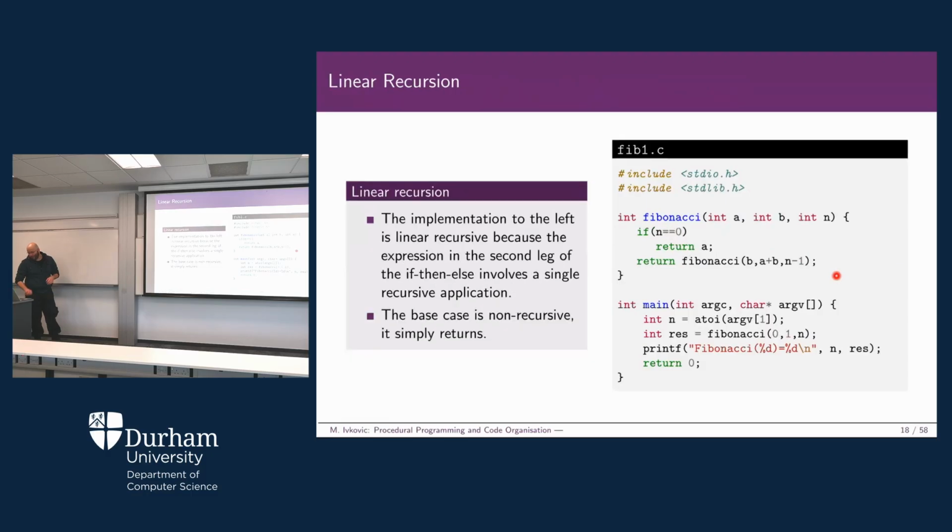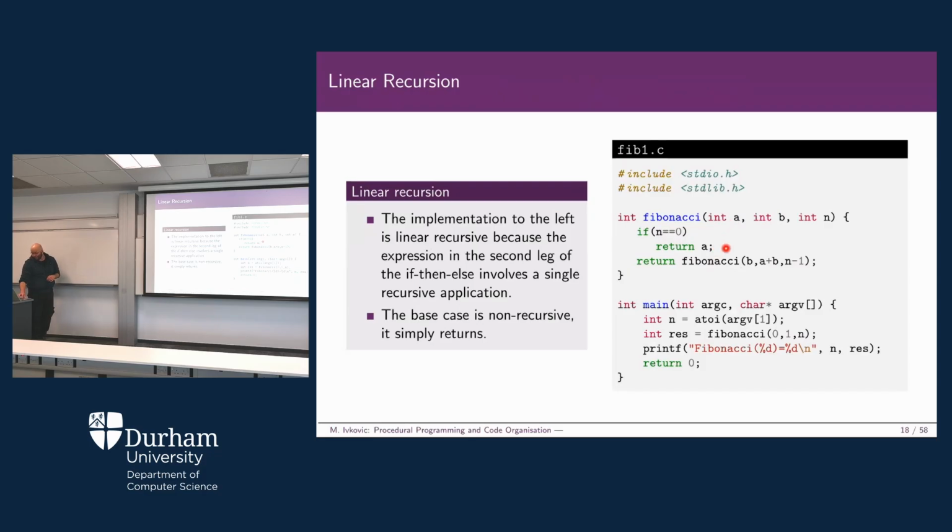Now, instead, if we think about the problem for a little longer, we can write it with a linear recursion as well. Take a look at this algorithm. If we have the case n equals 0, that's our base case, we return the value that we have here, int a.